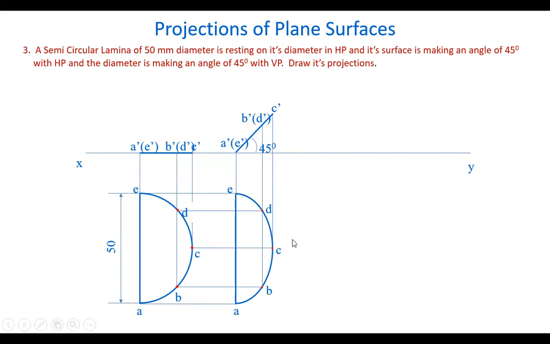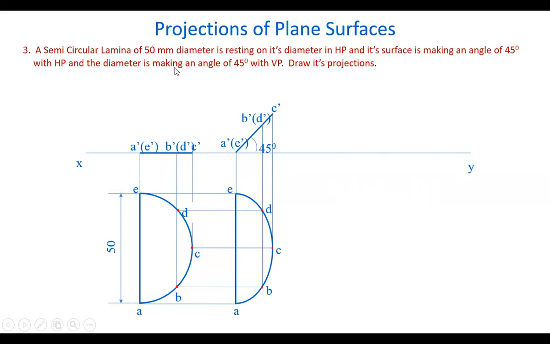Now, you see this AE is perpendicular to VP. It is a line here, in the horizontal plane itself. That means this AE is perpendicular to VP, 90 degrees to VP. We want this at a 45 degrees angle with VP.